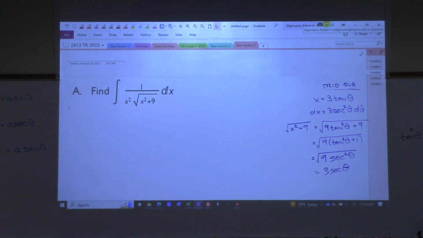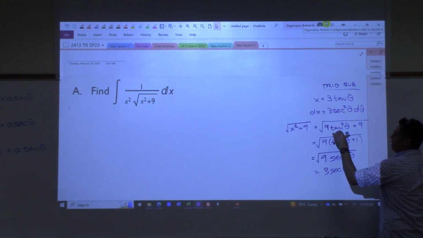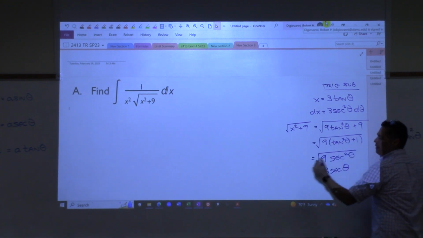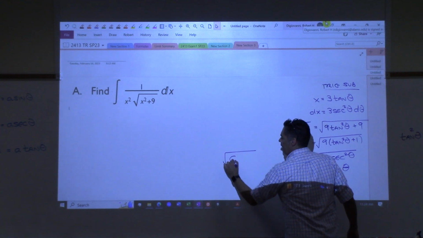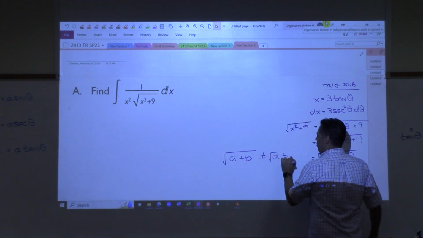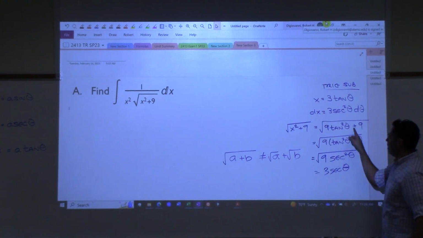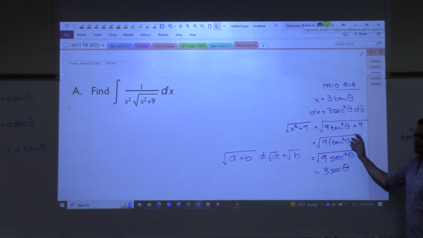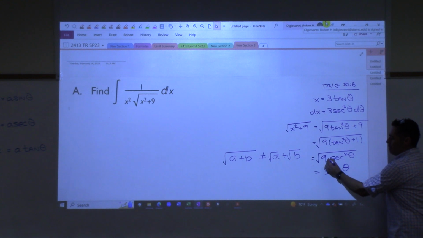So you change it to secant squared just so you'll have one thing that you can reduce to get it out of the root, right? Right here we have 2 terms, don't we? If I have the square root of a plus b, that is not the square root of a plus the square root of b. I'm not allowed to do that with addition, right? So what I'm doing is I'm manipulating this to get it to be a product.